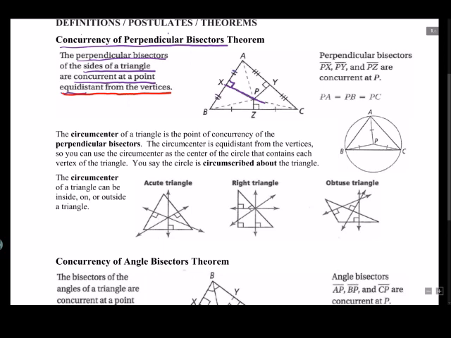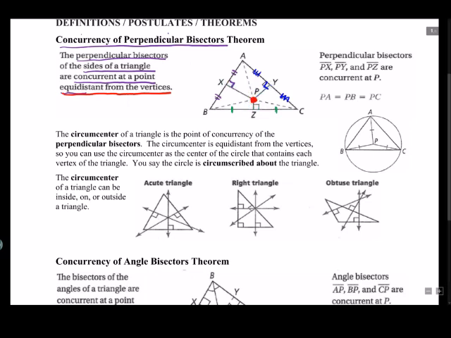And we do this side here, it's perpendicular and it bisects. And this side here, perpendicular, bisects. And they all come together at this point P. Right? Three or more lines intersect. There is our point of concurrency.